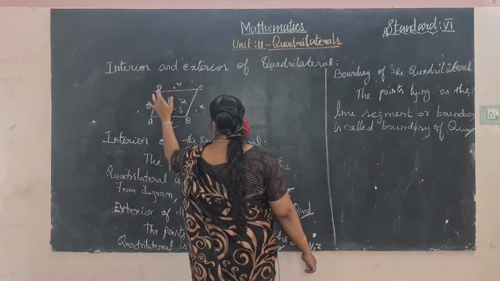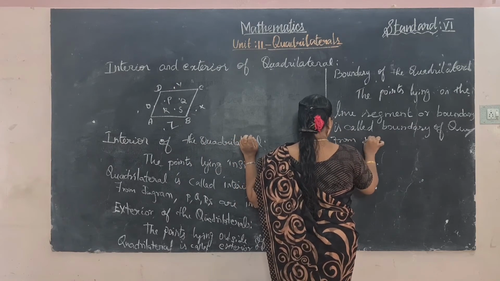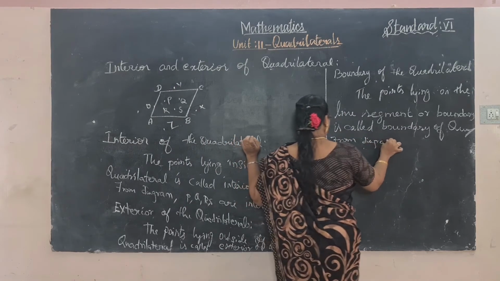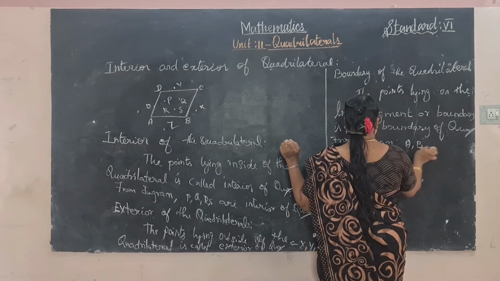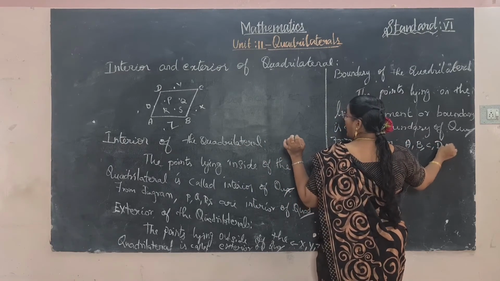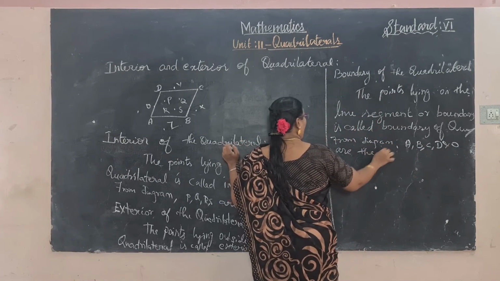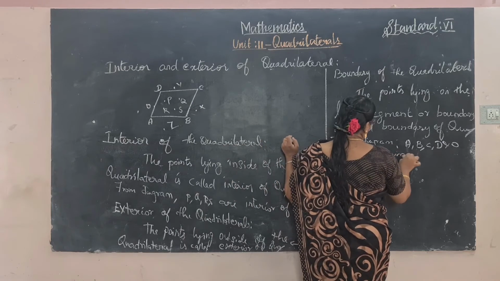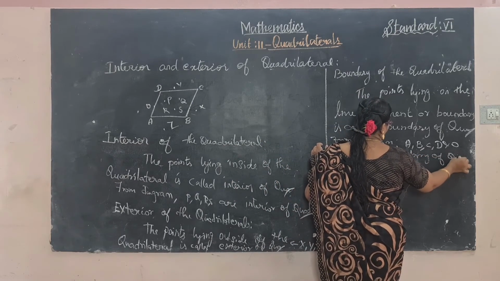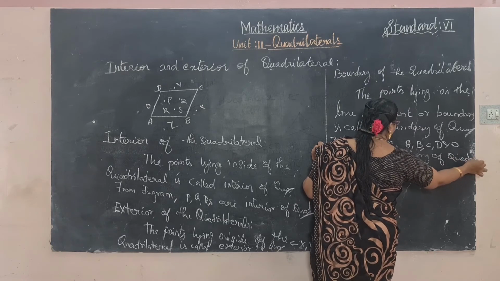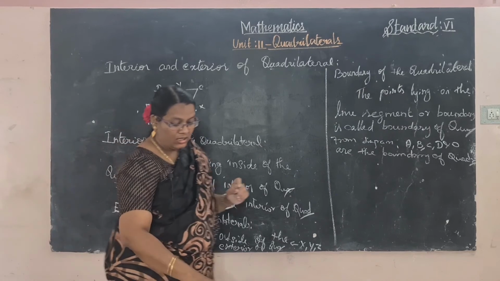A, B, C, D and O. From the diagram, A, B, C, D and O are the boundary of the quadrilateral.